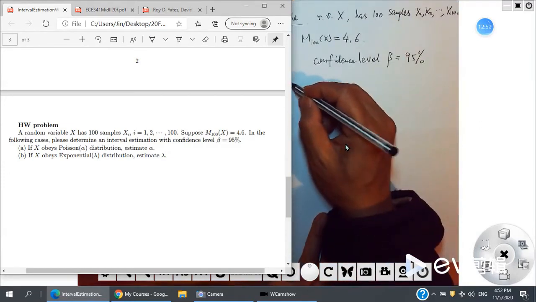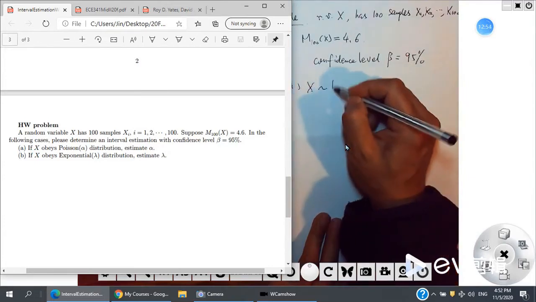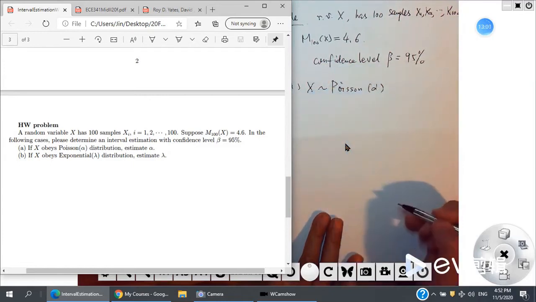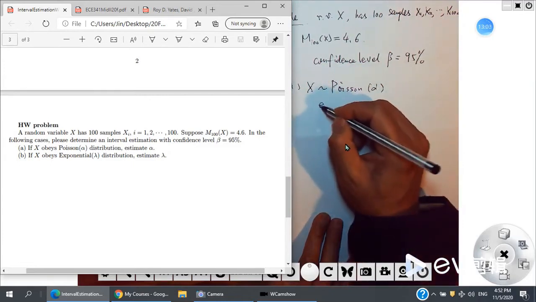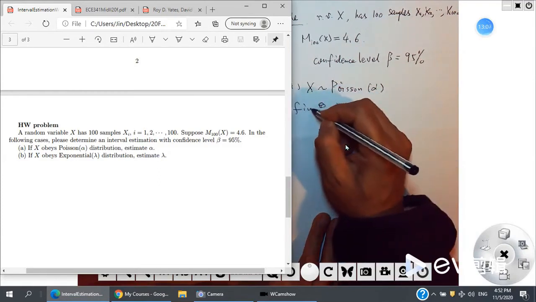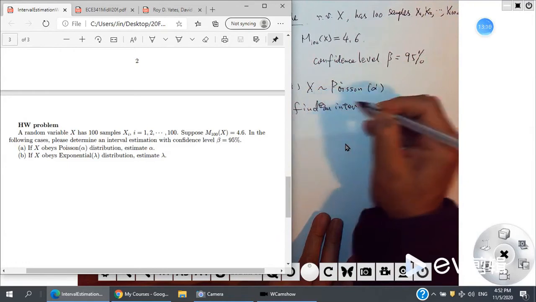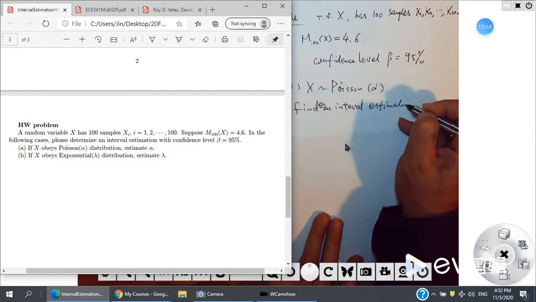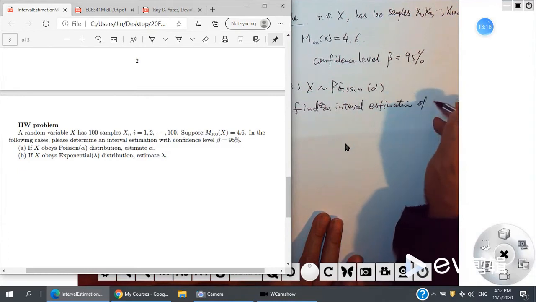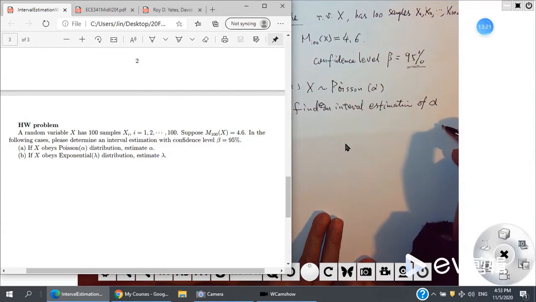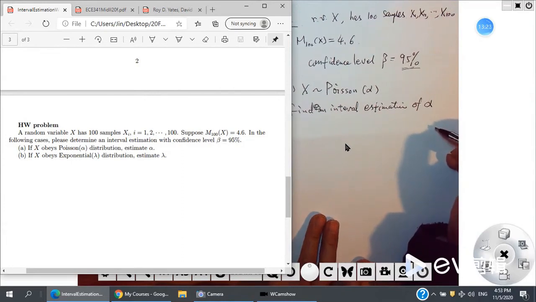Okay, then we have two cases. For A, x obeys the Poisson R distribution. We want to find an interval estimation of this R, with 95% as the confidence level.